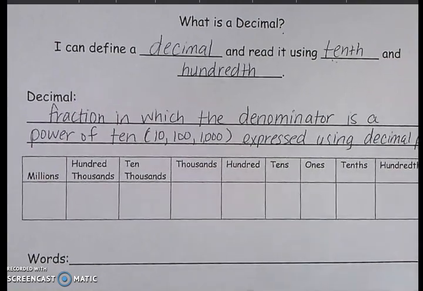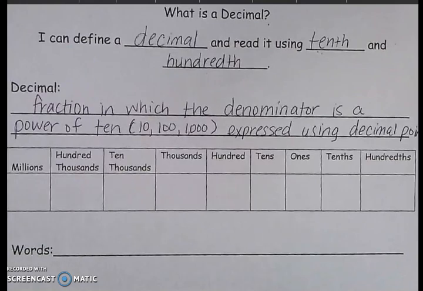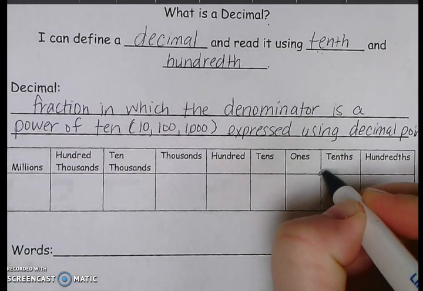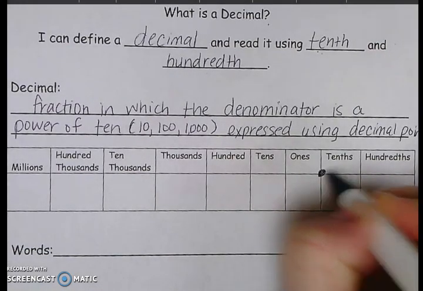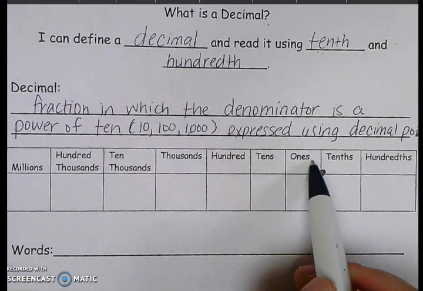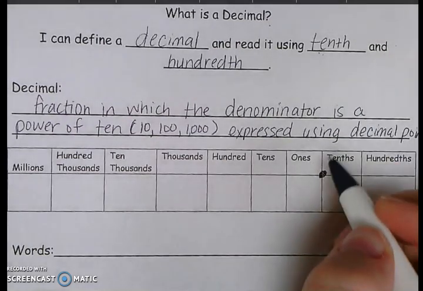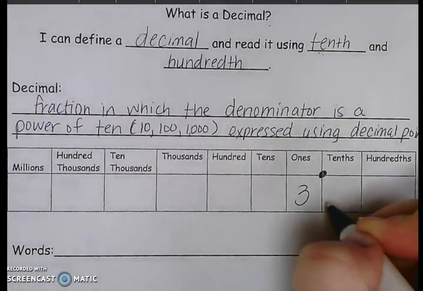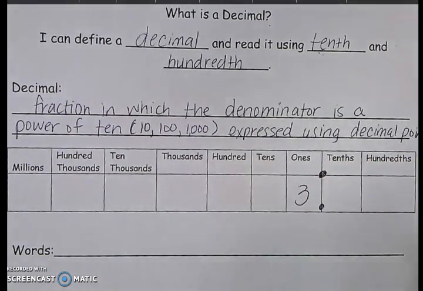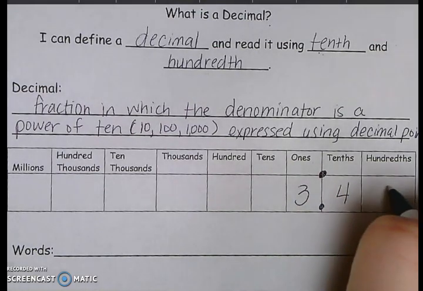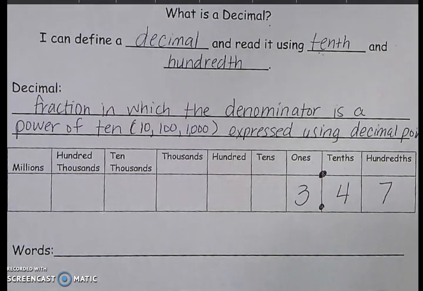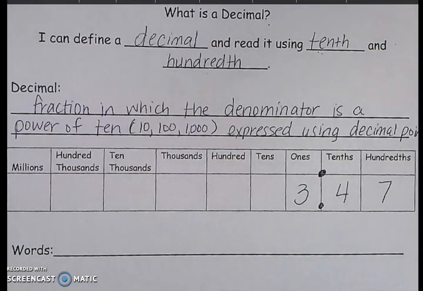If we look at our place value chart here, my decimal point is always going to be right here. It's always between the ones place and the tenths place. Let's say I have this number 3 decimal point 47.